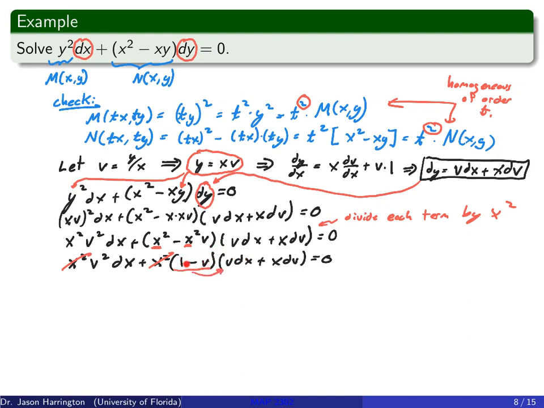So I'll be taking this first term, 1 minus v, and multiplying it by v dx. Then I take 1 minus v and multiply it by x dv. So you can see that right here.